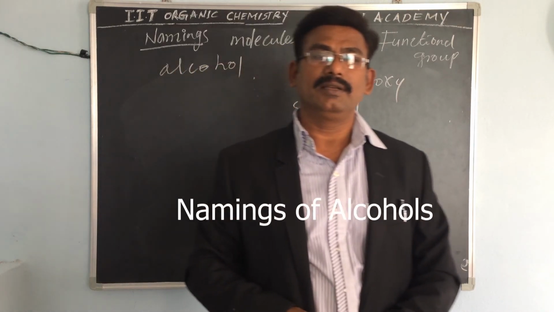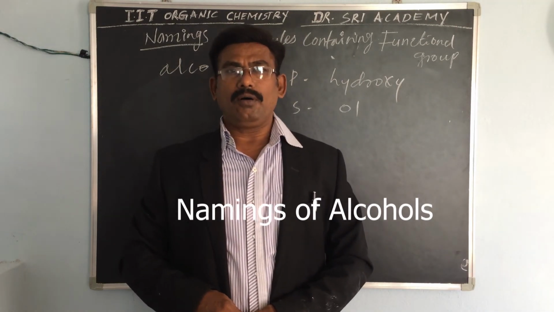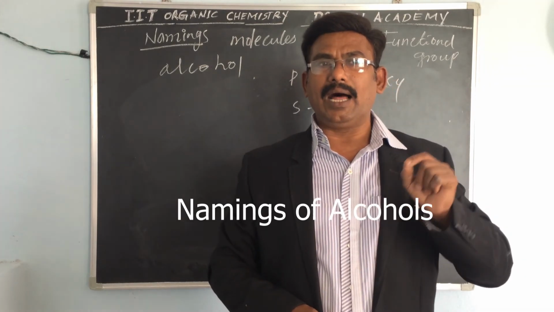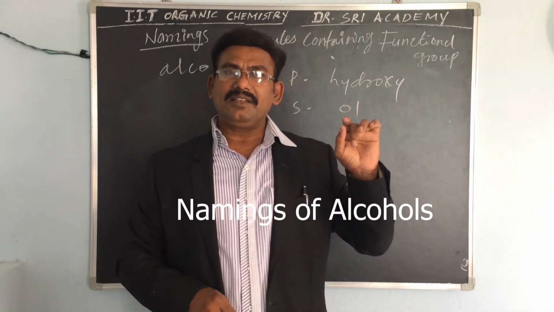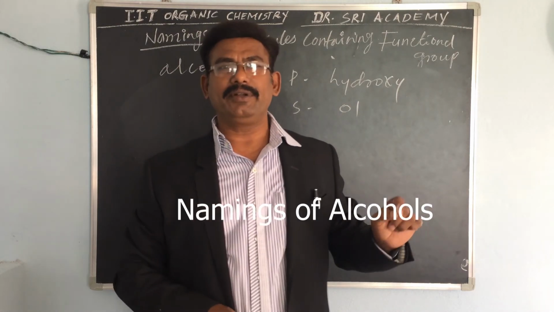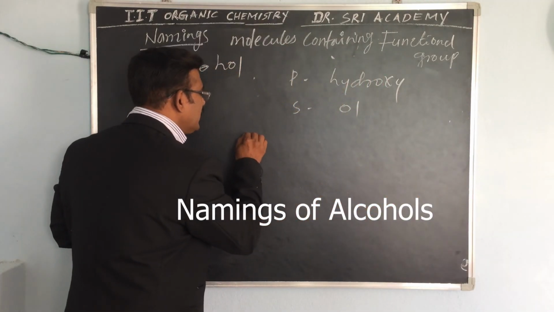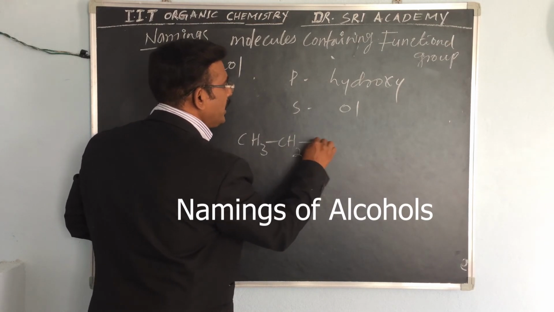Suffix you have to give. So alcohol, that is a simple example. You know that ethyl alcohol, we have to take the example. Okay, this is important. So here CH3, CH2, OH.